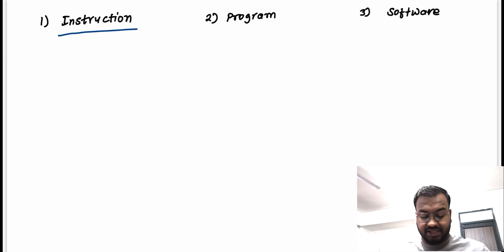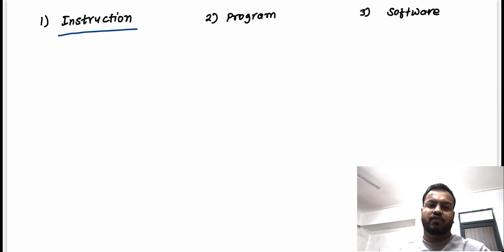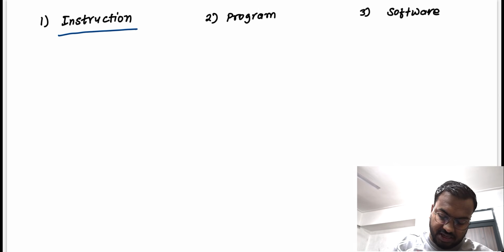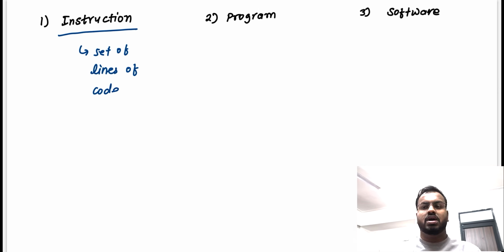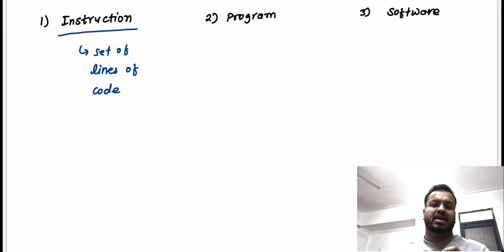So what are instructions? Instructions are nothing but a set of lines of code, means whatever code you write, with the help of code you instruct your machine.